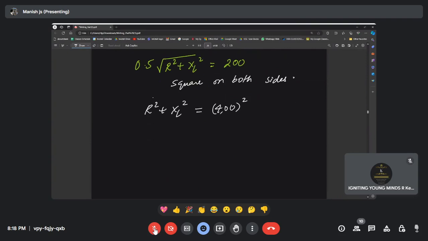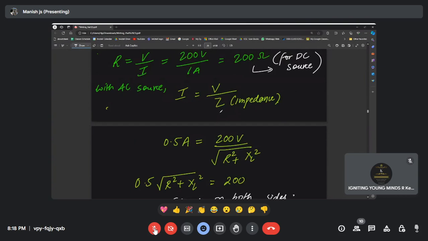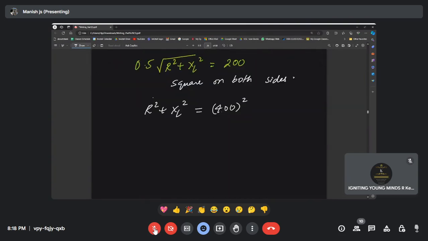Now I'm going and substituting the values. R square, the R value we know, we have calculated it already. So R is 200, so 200 square plus XL. What is the XL formula? Omega L, sir.